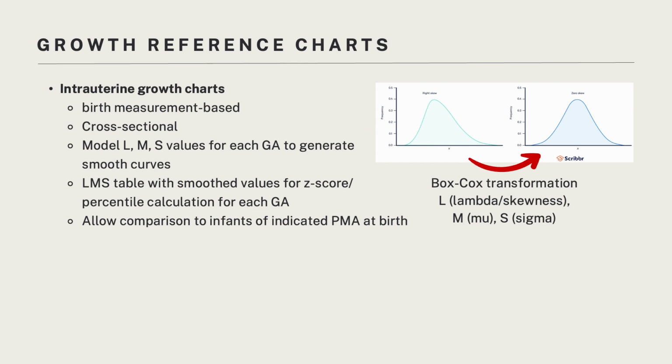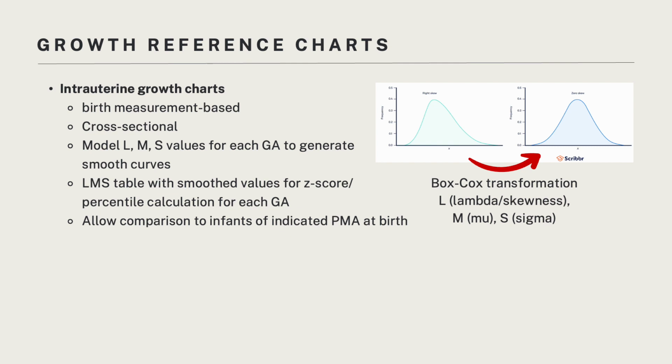What I just described is the basic concept of how intrauterine growth charts are created. These growth charts are cross-sectional because each infant only contributes one data point. In modern days, intrauterine growth charts are developed in a more sophisticated way. You may have heard of the LMS table in many growth charts that we routinely use in clinical practice.